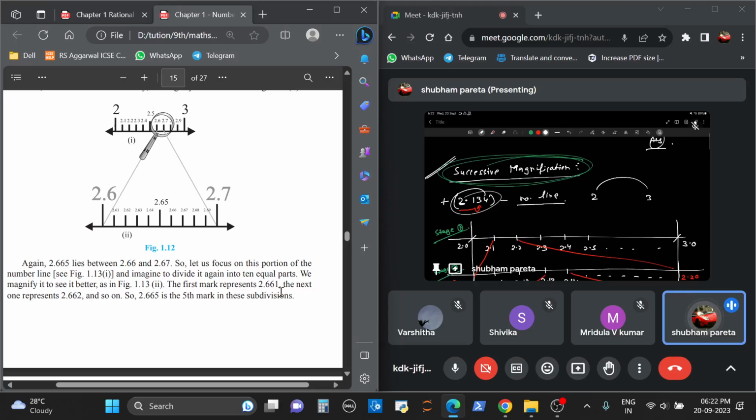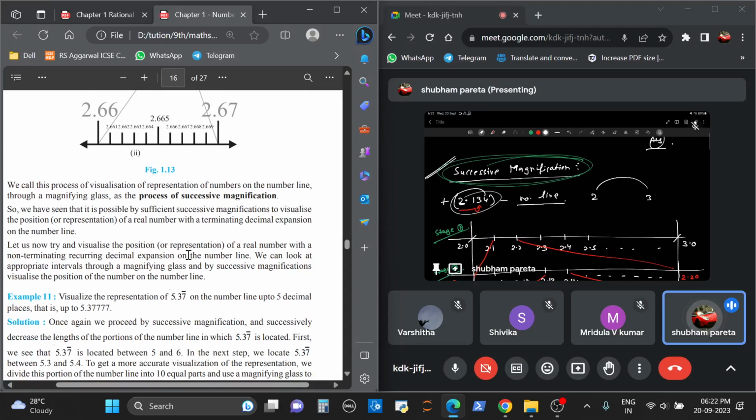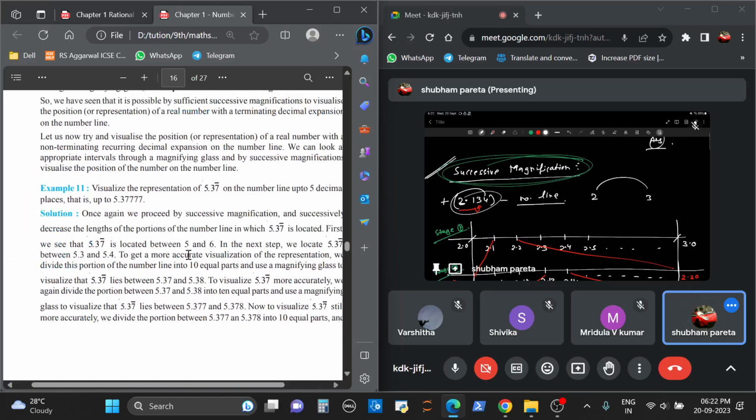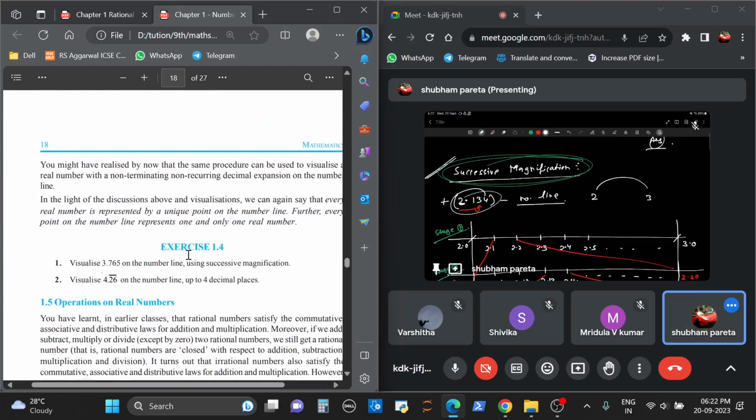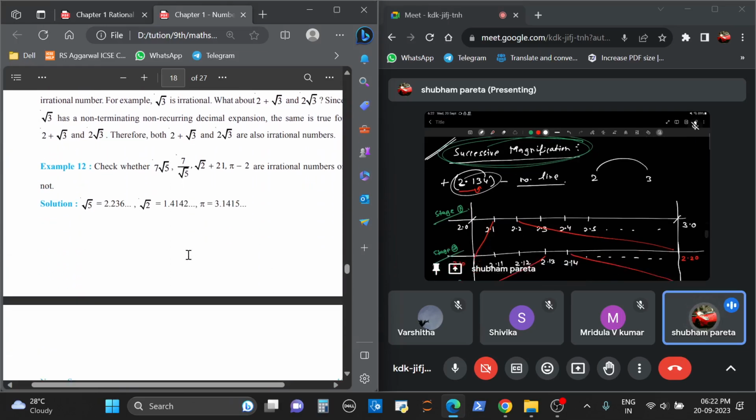Now proceeding ahead, the next topic that we will cover is known as rationalization. What do you mean by rationalization? We will understand first of all.